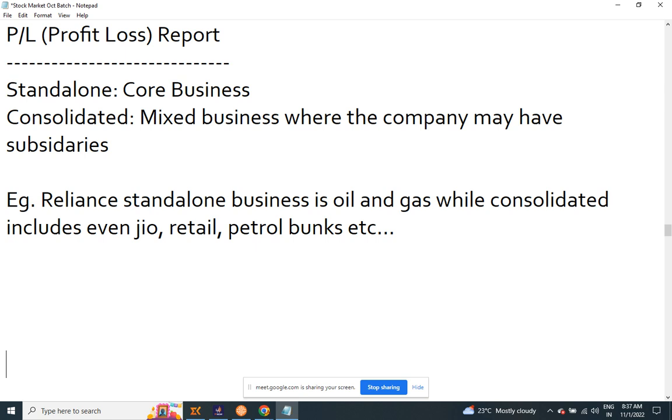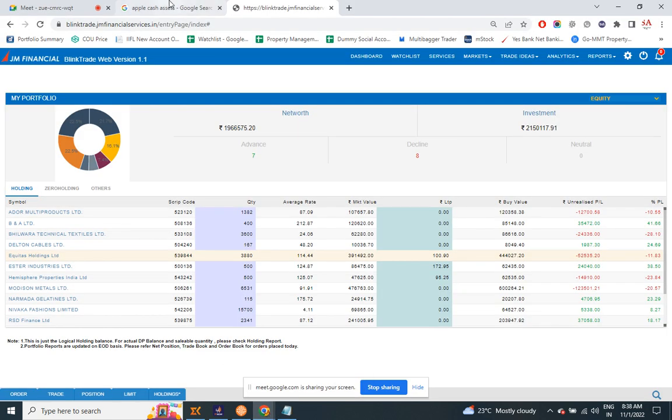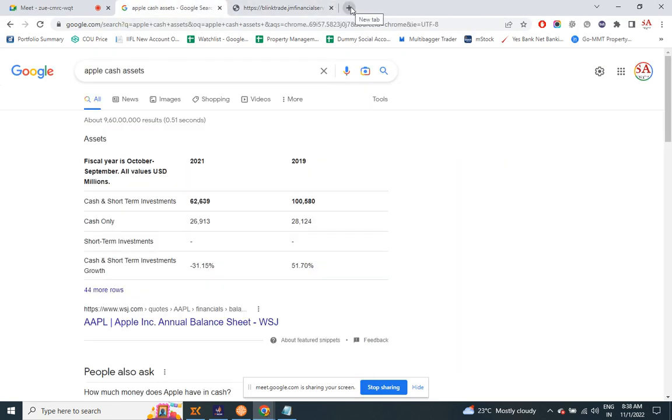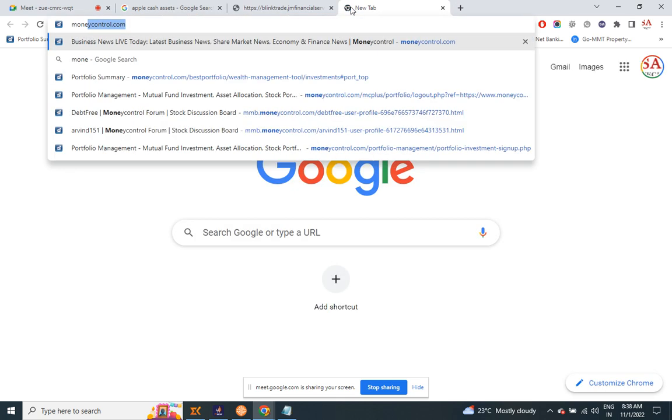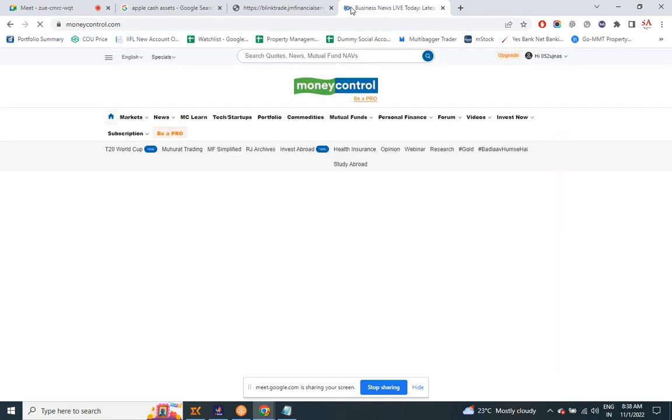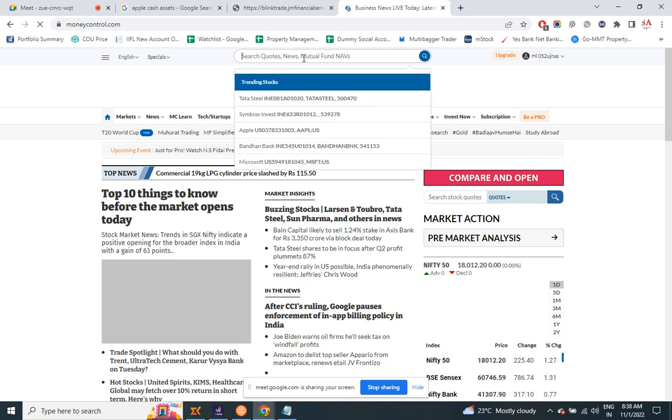Some companies like say Castrol do not have consolidated business at all, only standalone. That means the company did not invest into any other business. There are so many companies where you'll only find standalone.